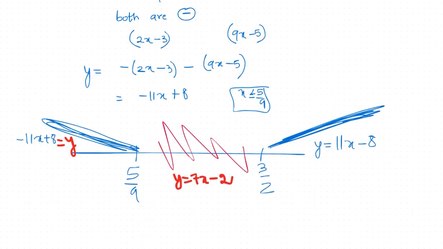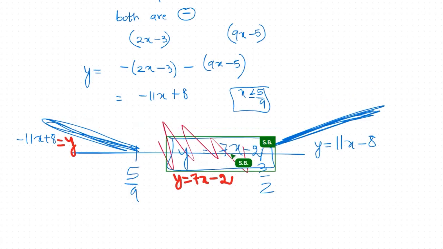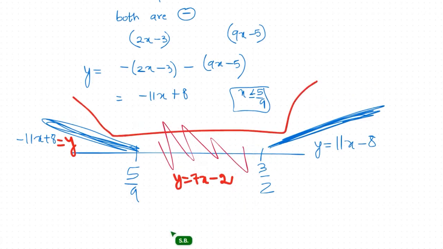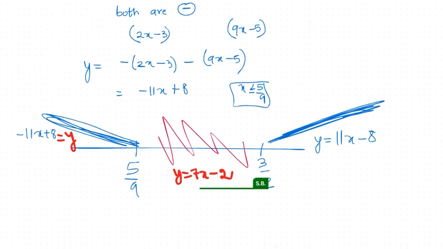So you have to draw the lines and then join them. The graph will be something like this. So these are the sharp points.